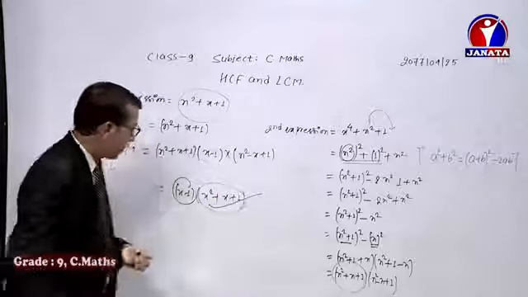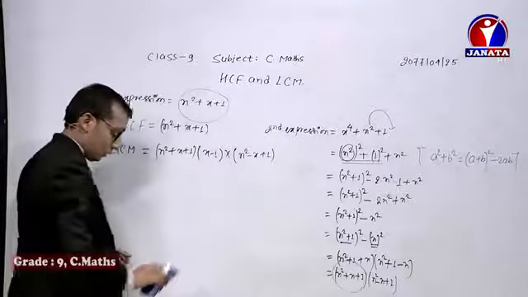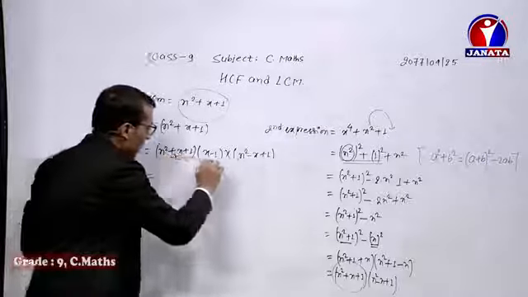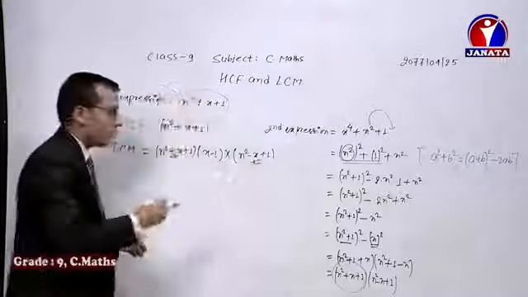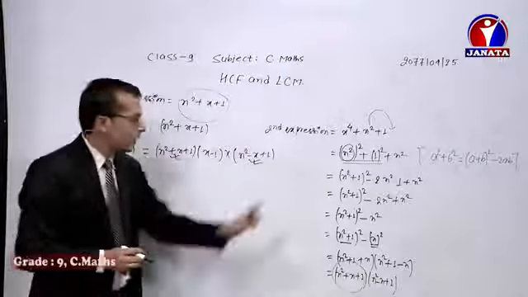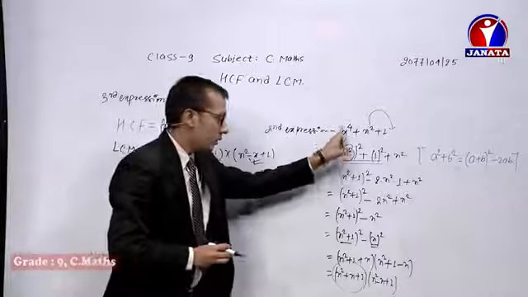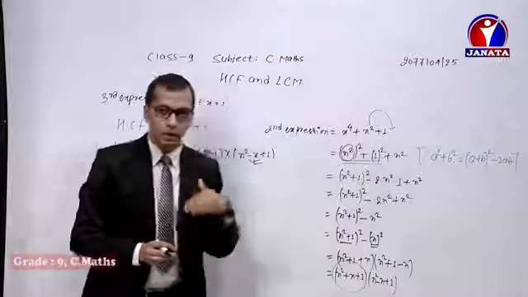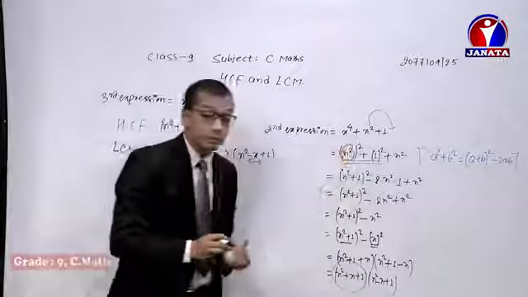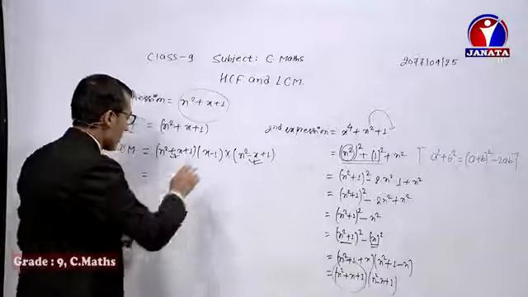Now we can combine factors here. If we combine first and third, in fact these two are the factors of expression x⁴ + x² + 1. We can combine these two and write the same expression, x⁴ + x² + 1.